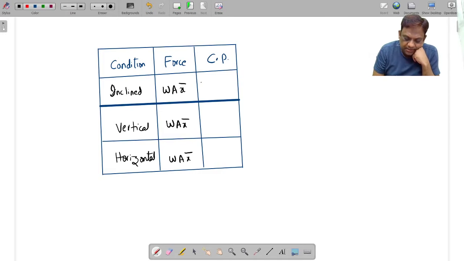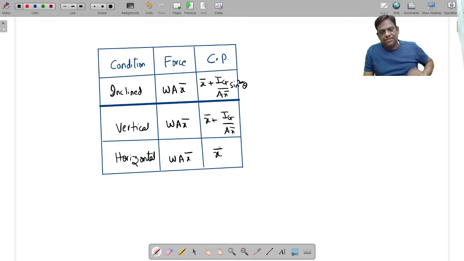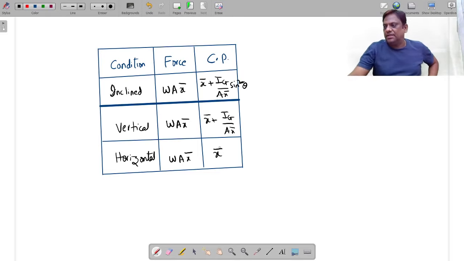Where is the center of pressure? I gave you already, X bar plus. Just remember this table. It is enough.